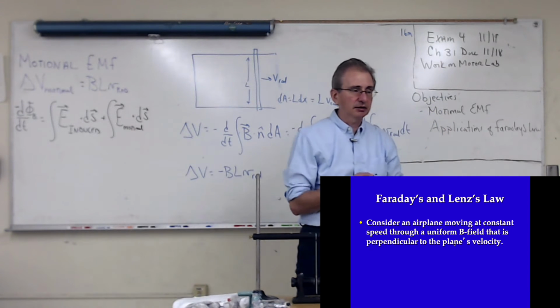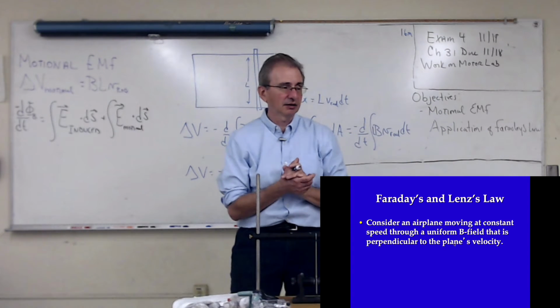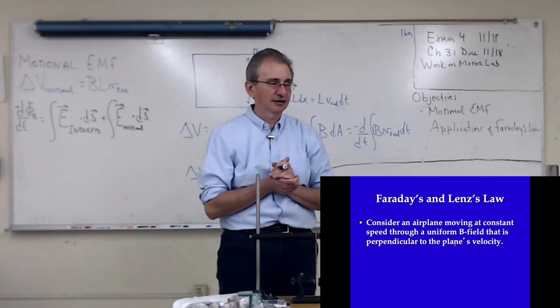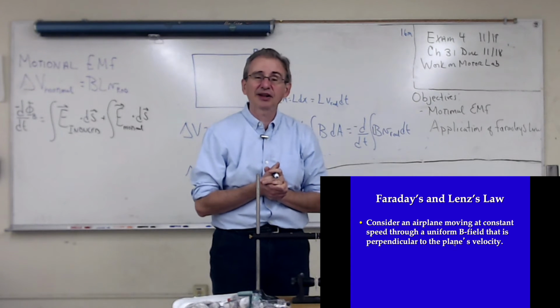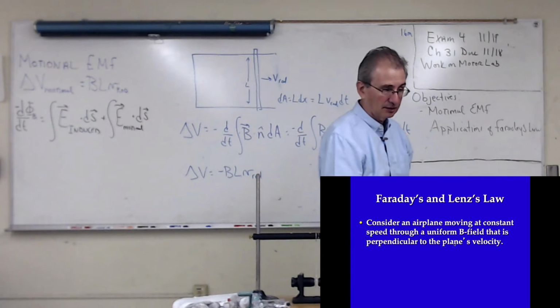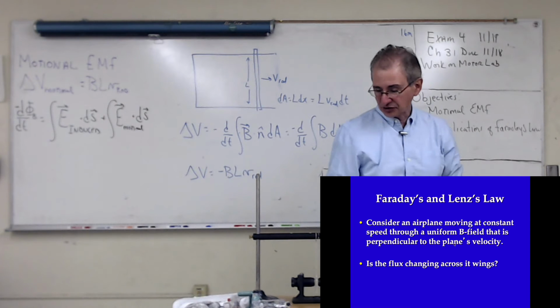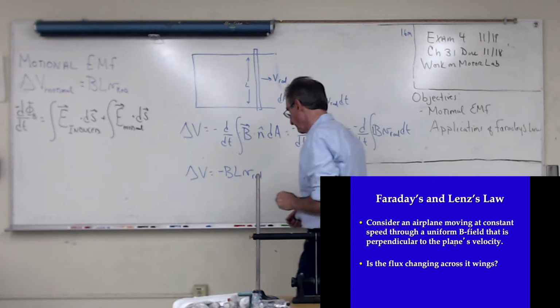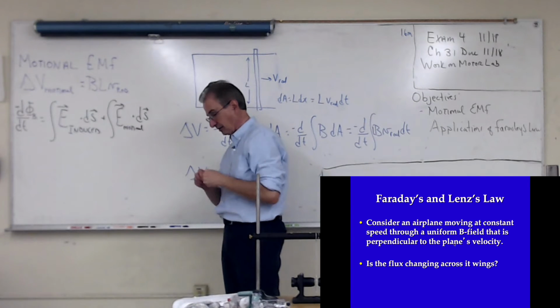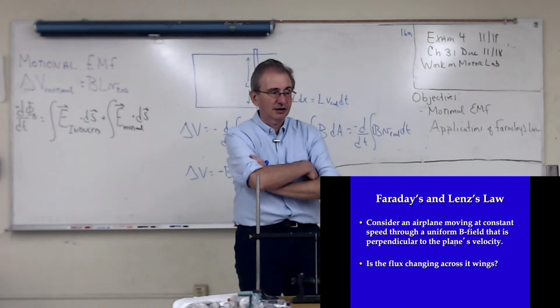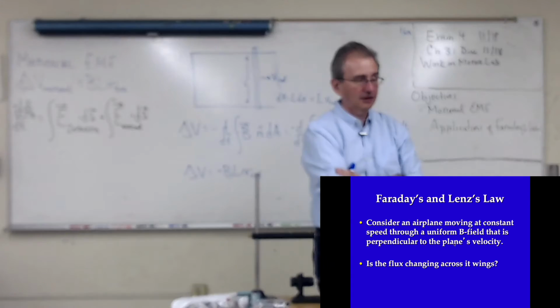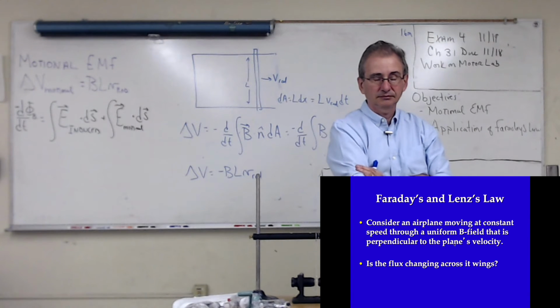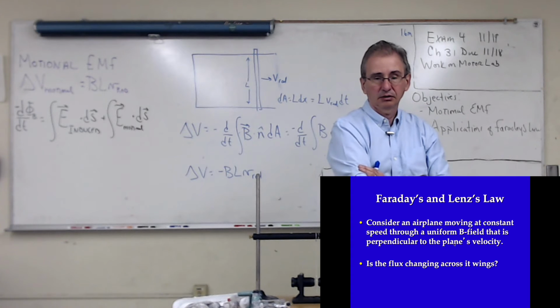Suppose we have an airplane moving at constant speed in a uniform magnetic field that is perpendicular to the plane's velocity. Is the flux changing across its wings? The answer is no. Right?